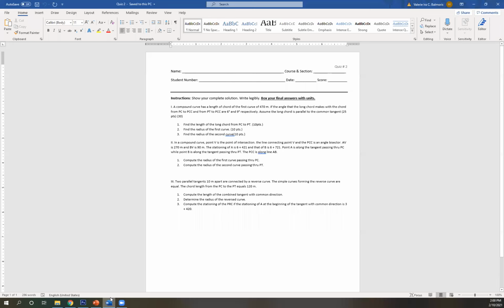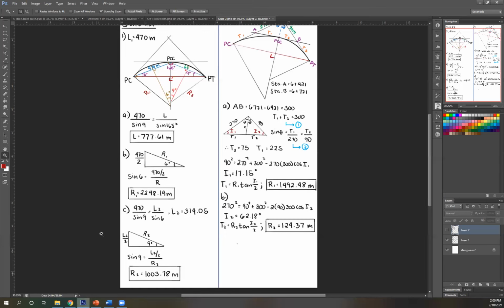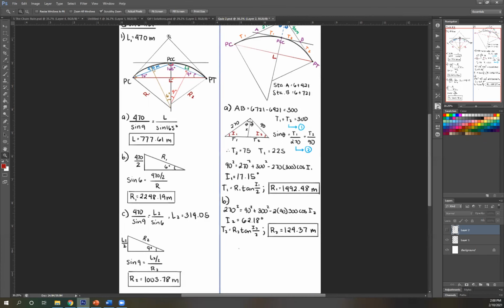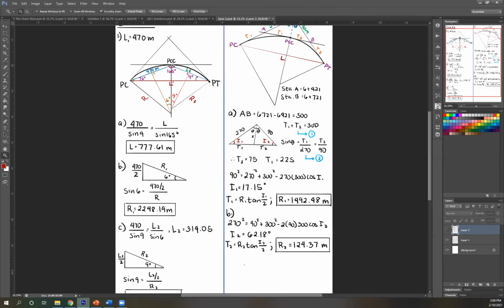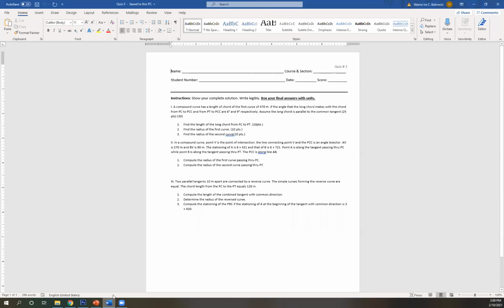Next, the angle that the long chord makes with the chord from PC to PCC. So that is PC. This is your PCC, point of compound curvature, is 6. And then from PT to PCC is 9, respectively.